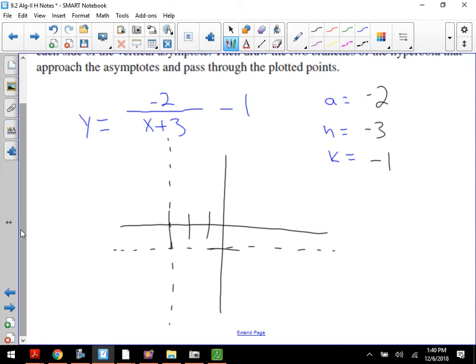Now, when we had our asymptote at 0, we picked two numbers to the right of it and two numbers to the left of it. Now that my asymptote's at -3, I still do the same thing. Instead of 1s and 2s, I'm going to pick -2, -1, -4, -5.